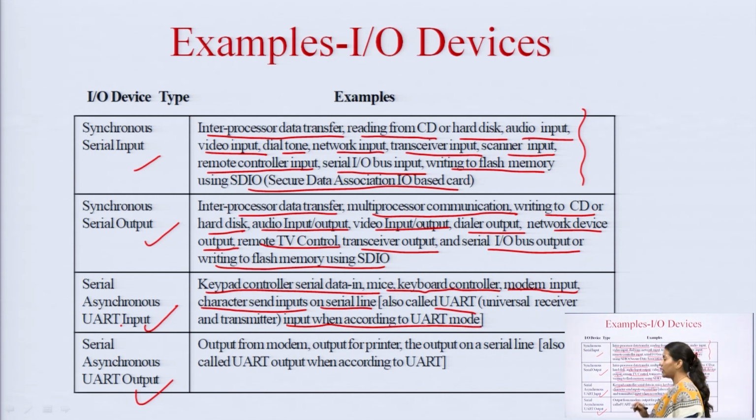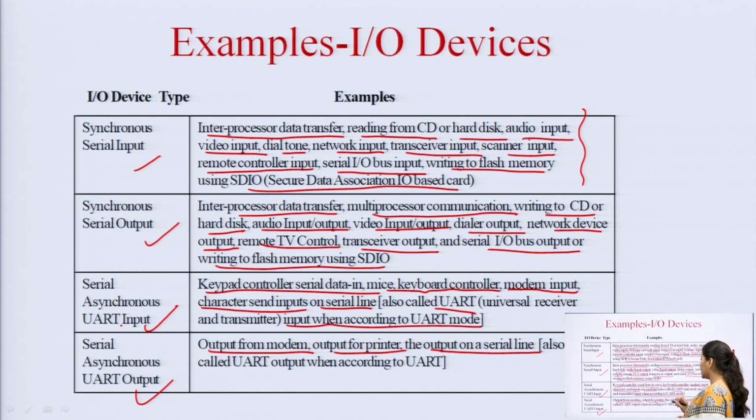Now, input according to the UART mode. When the serial line is following the UART protocol, then that particular communication is categorized under the serial asynchronous UART input mode. Now, when we talk about the serial asynchronous UART output: output from the modem, output for the printer, the output on the serial line, especially when it is following the UART protocol, is categorized under the serial asynchronous UART output.